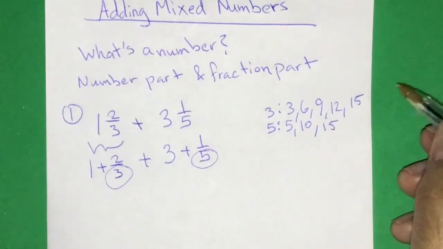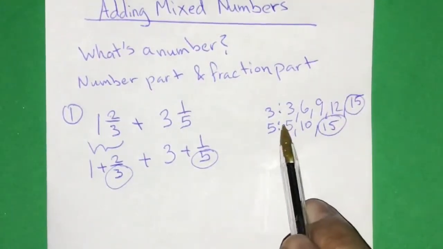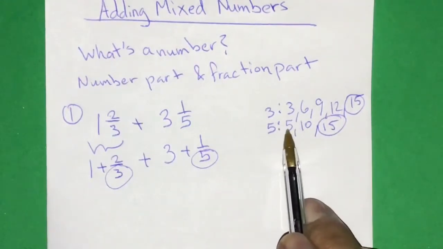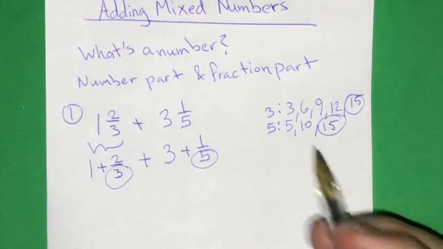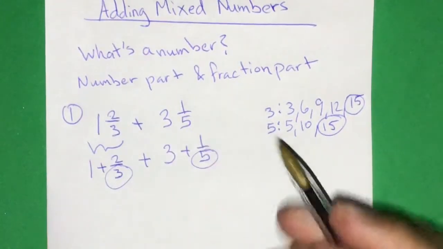So the lowest multiple they have in common is 15. We're going to have to multiply 3 by 5, and multiply 5 by 3. So here we're going to have to get equivalent fractions.